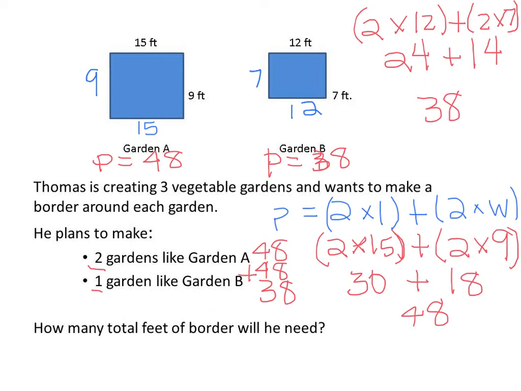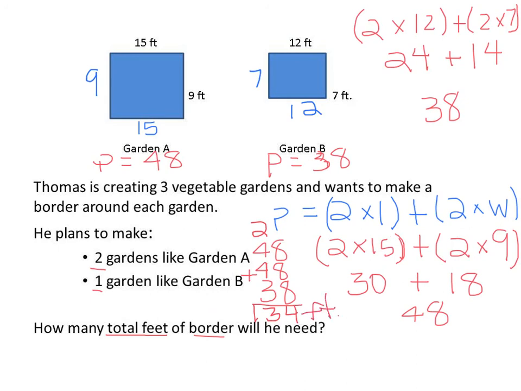So I'm going to add those up because I need to find the total feet of border that he will need. So 8 plus 8 plus 8 in my ones place, that's the same as 8 times 3. So that would be 24. 2 plus 4 is 6. 4 and 3 on the bottom make 7. 6 and 7 are 13. So he will need a total of 134 feet of border.